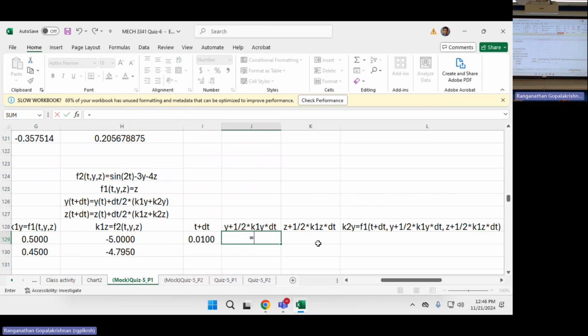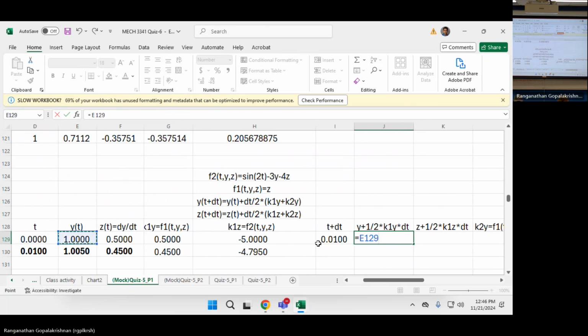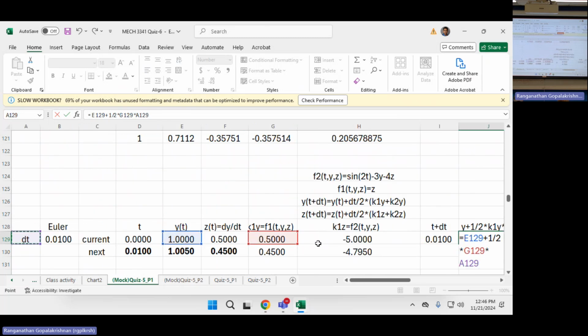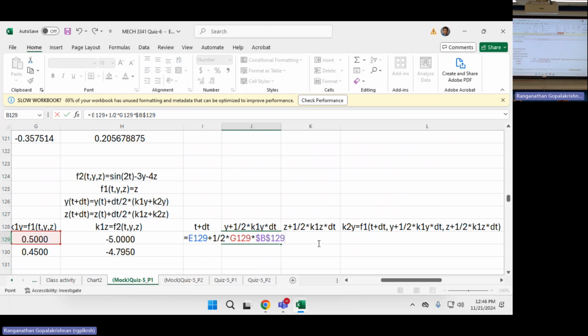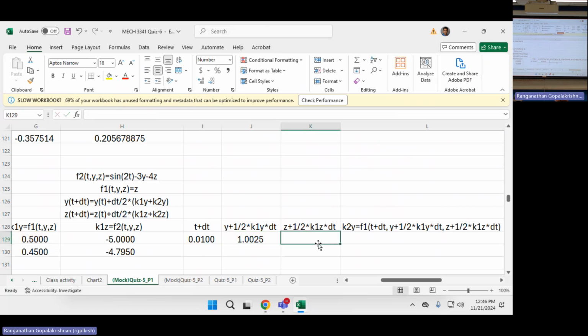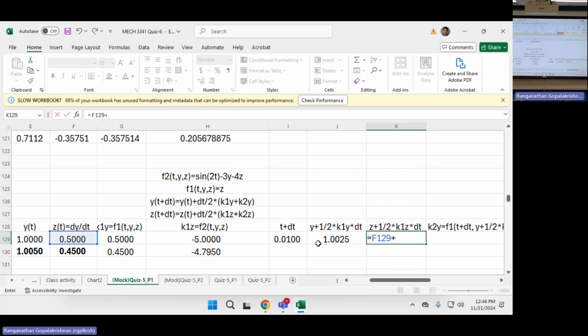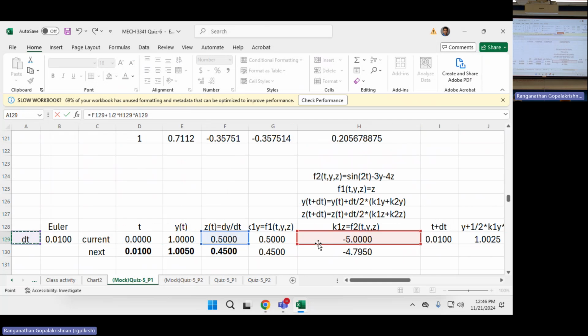And what is this? Y plus half k1y dt. What is y? Y is right here, plus half times k1 is right here, times dt. Don't forget to put the dollar sign. And then what is this? Z, which is right here, plus half k1z, which is here, times dt.